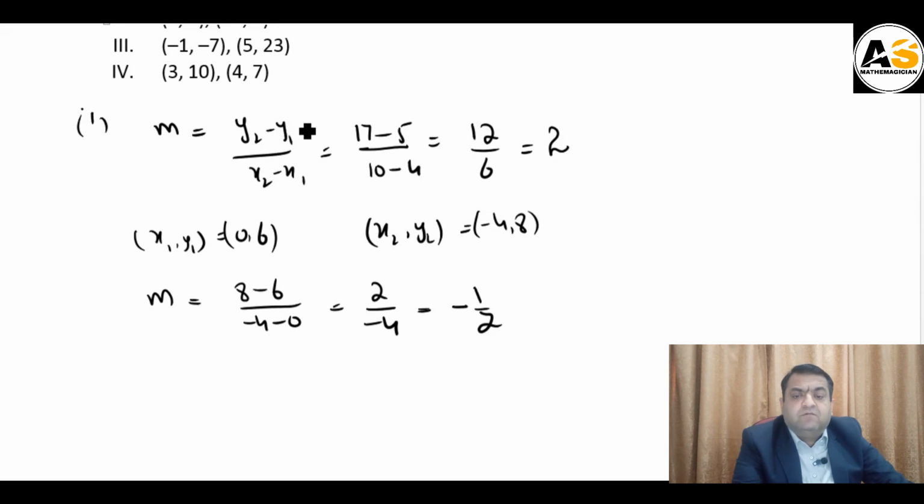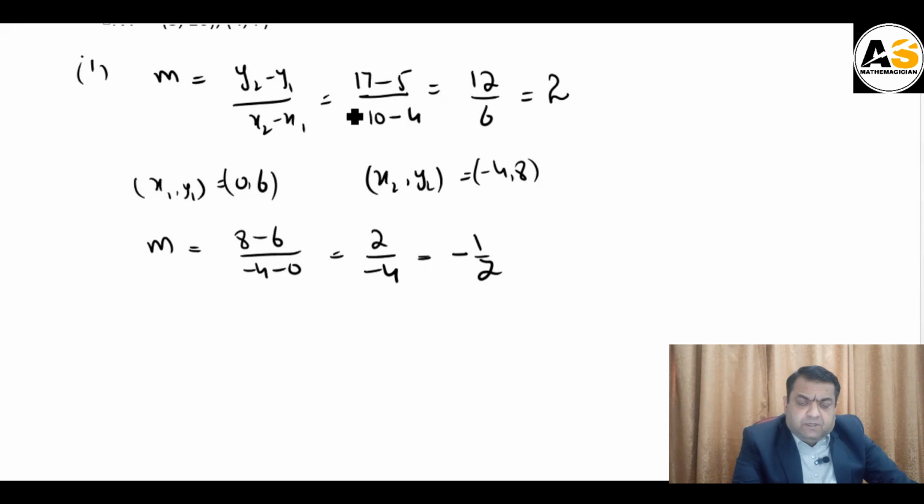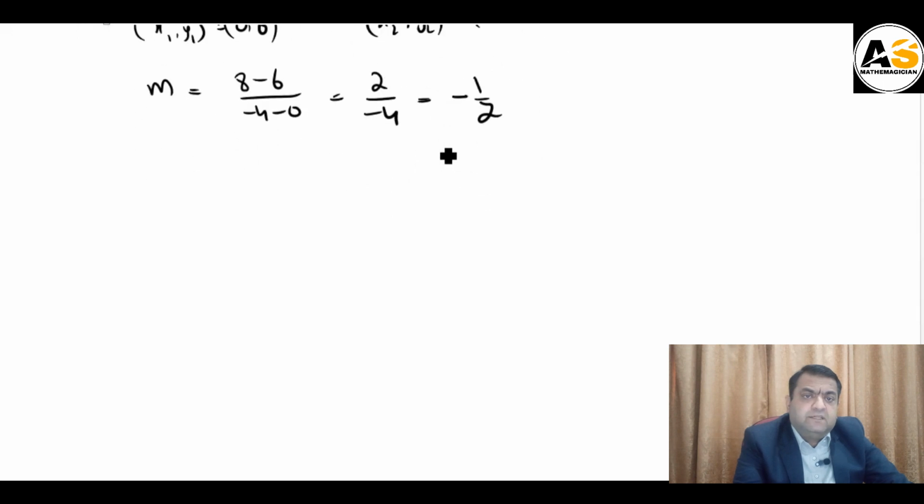I hope you can solve the third and fourth part by yourself. We have so far learned about the gradient. We have learned that the gradient of any line is the tangent of the angle formed by the line with the x-axis. And secondly, we have learned to calculate the gradient of any line if its 2 points are given.